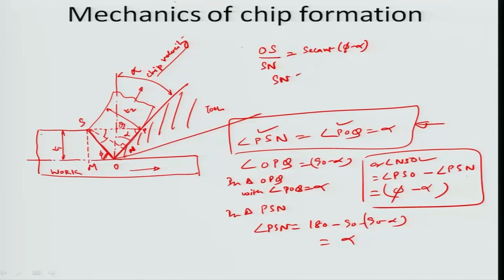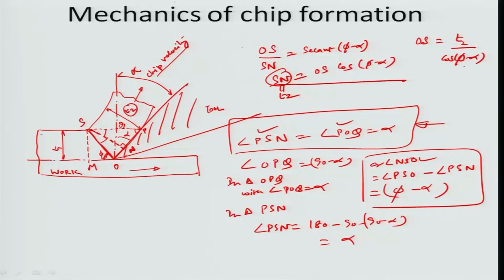Or in other words, the value SN here, which is represented by this particular length, should be equal to OS cos of phi minus alpha. The value SN is actually equal to T2. If I may just recall, this T2 and this SN are parallel to each other, and therefore, I can say that OS becomes equal to T2 by cos of phi minus alpha.